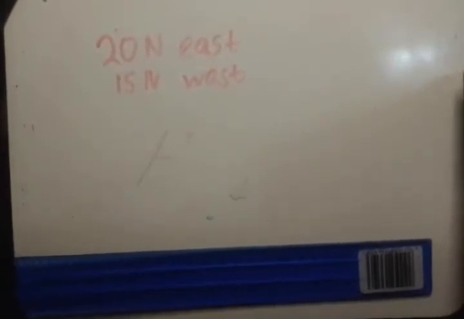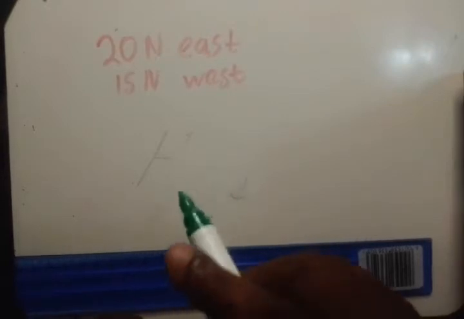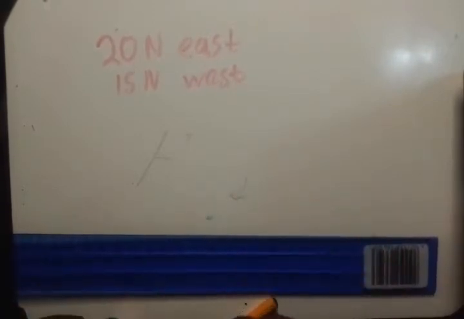Here is another scenario. We have one force that is 20 newtons to the east, and the other one is 15 newtons to the west. So we're going to use the head-to-tail method. If I draw one, I'm going to use the same scale.